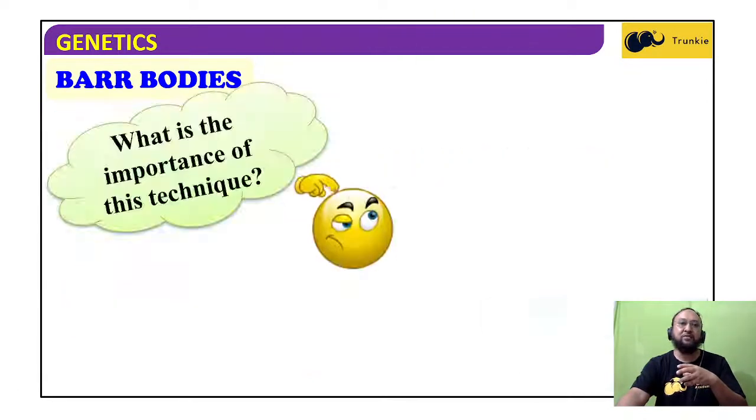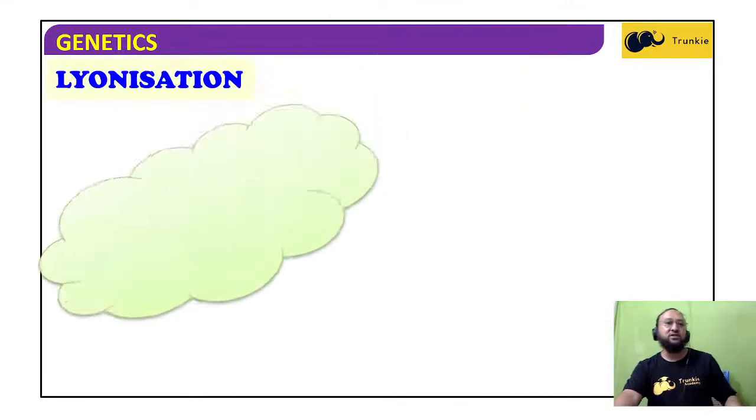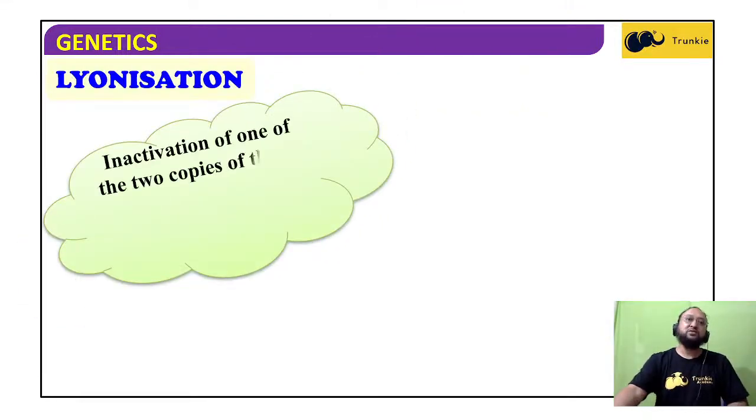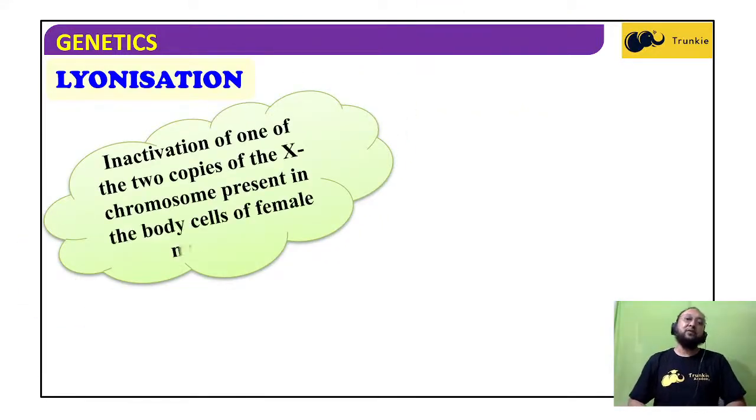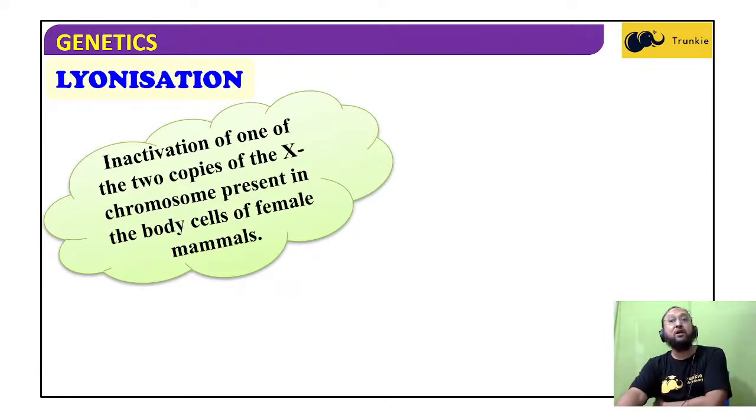After that we studied Lyonization, the process which causes the inactivation of one of the two copies of the X chromosome present in female mammals. It takes place in all mammals, not only in human beings, so this is a unique feature.